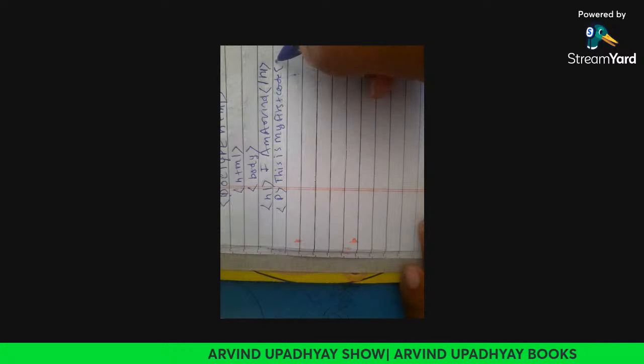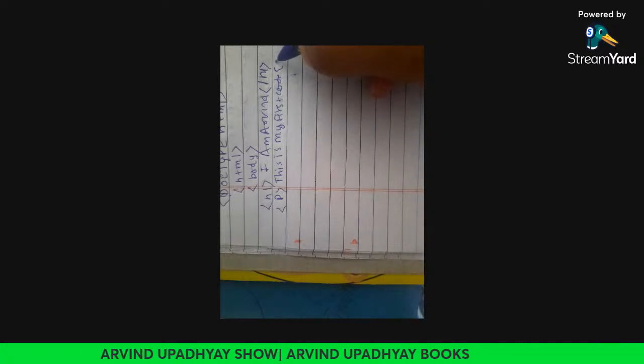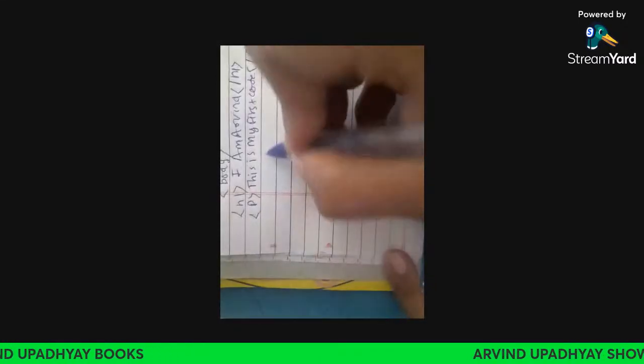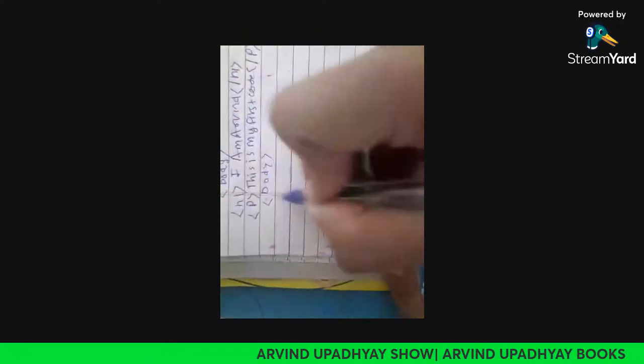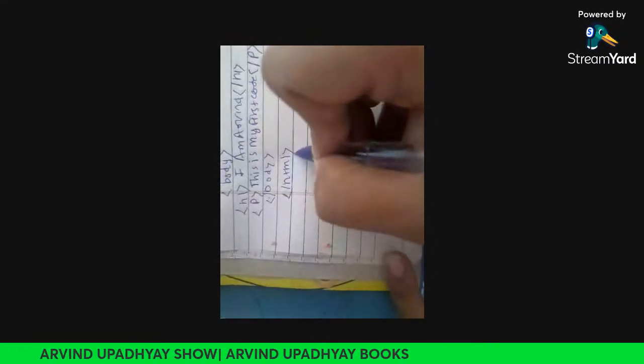This is the end tag. I have already told you what the start tag and the end tag are. So this is our end tag for the paragraph. You can write like this paragraph, and then in the end your body, and lastly your html.